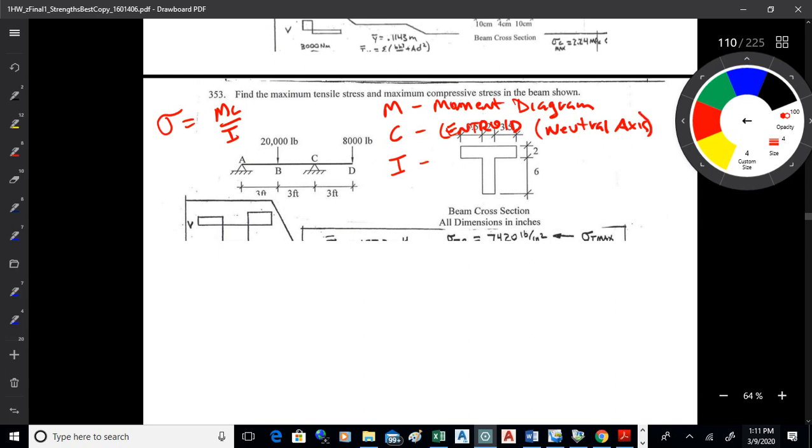And I is from calculating I about the neutral axis. So that's what you're doing with that. Okay.